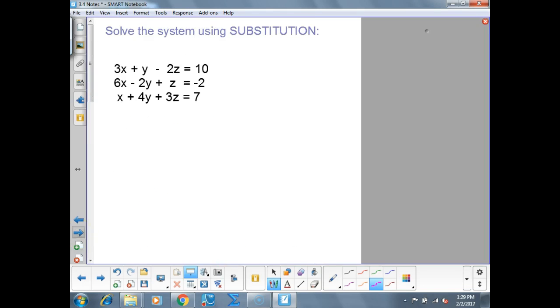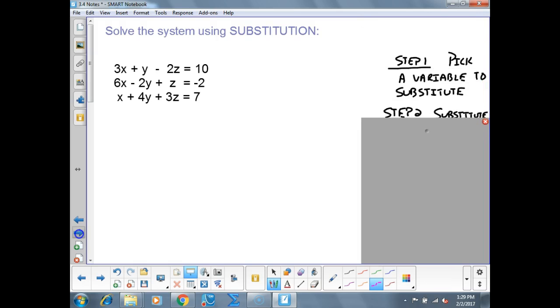We'll learn a third way that's much faster, but we won't learn that for another couple weeks. Substitution is another way. With substitution, step number 1 says we need to pick a variable to substitute. So, again, you've got 3 choices: x, y, or z.